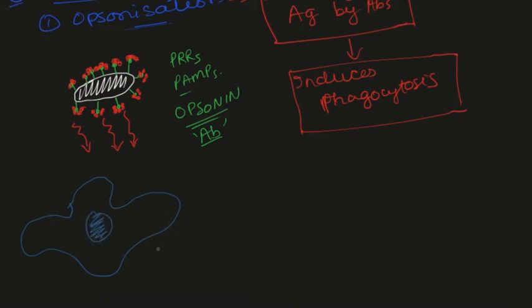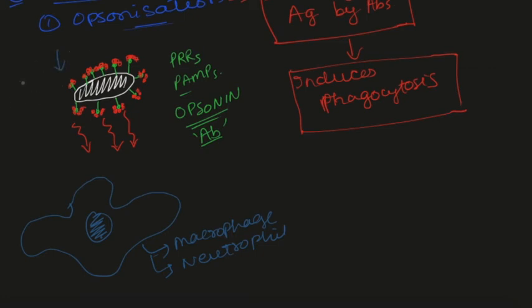Phagocytic activity is possessed by either macrophages or neutrophils. They sense that a pathogen has entered the body and has been opsonized.